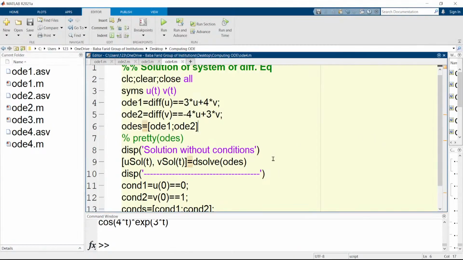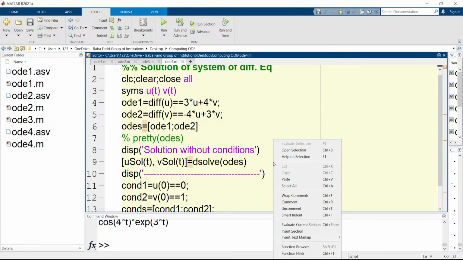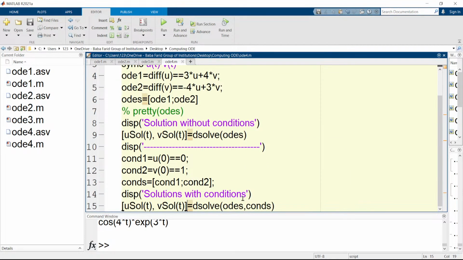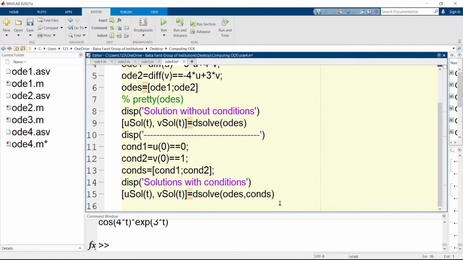So we were doing at this place, and now we need to find out the solution of the system of equations. How we can visualize now? This is a very important part. Here, if you suppress this statement, this will not return the solutions.